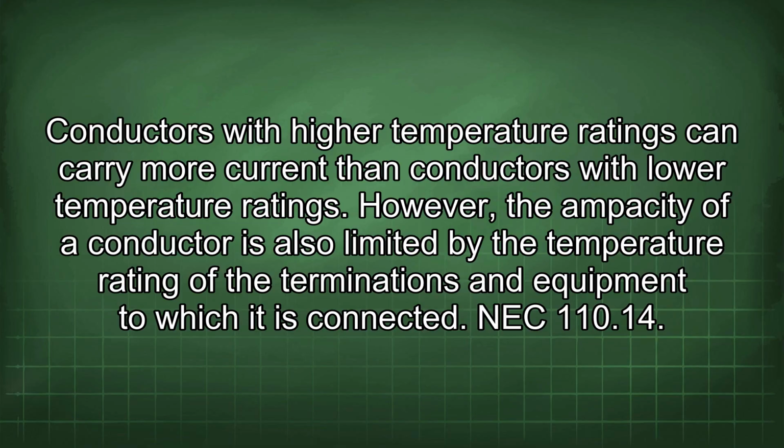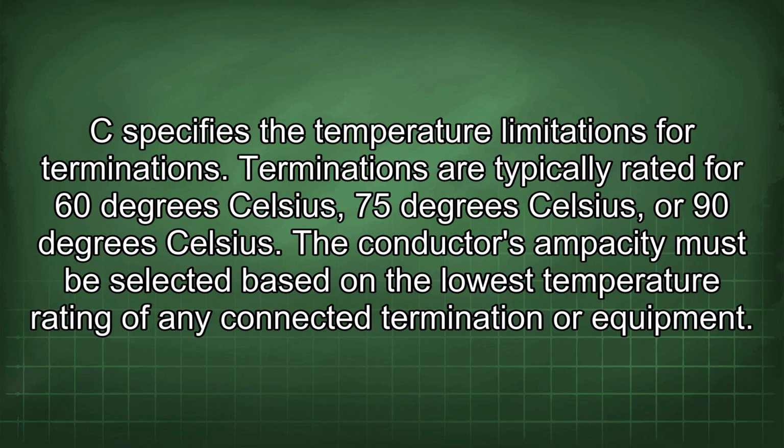it is connected. NEC 110.14(C) specifies the temperature limitations for terminations. Terminations are typically rated for 60 degrees Celsius, 75 degrees Celsius, or 90 degrees Celsius. The conductor's ampacity must be selected based on the lowest temperature rating of any connected termination or equipment.